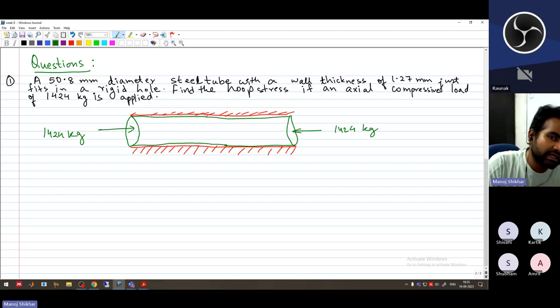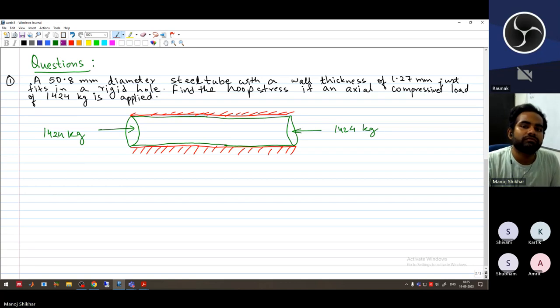Now, at first glance, it will look like this is a uniaxial loading problem because we are just applying a compressive load. But if you look at this problem carefully, you will realize that this is not a uniaxial loading case. This is a biaxial loading case. How? You are applying some load in the axial direction, and your body is getting compressed.